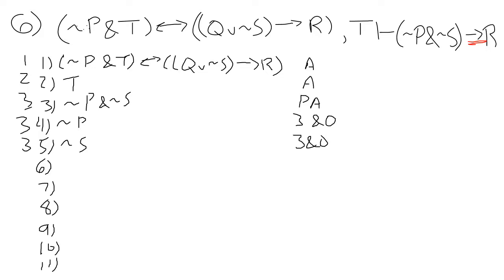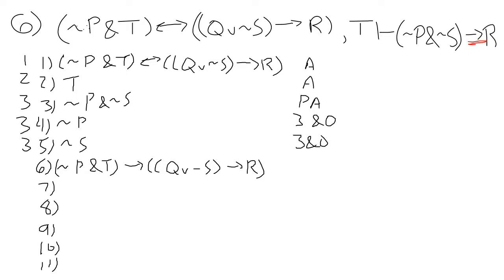Then we can get our biconditional out, and if we look, the tilde p t we can build. So let's do tilde p and t, arrow q, tilde s, arrow r.